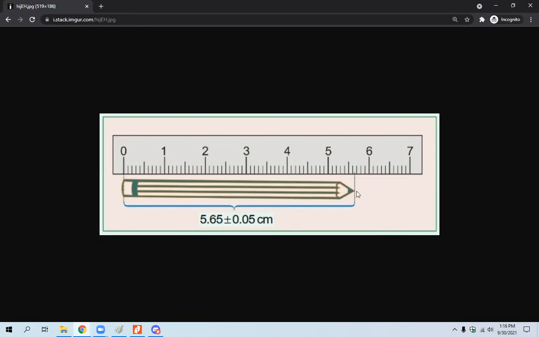The measurement here is 5.65 cm, pero dahil nga hindi sumakto dun sa measurement line ng ruler, this means na limited yung device natin. And this limitation is represented through this term here, yung plus minus 0.05 cm. This is how you represent your uncertainty.